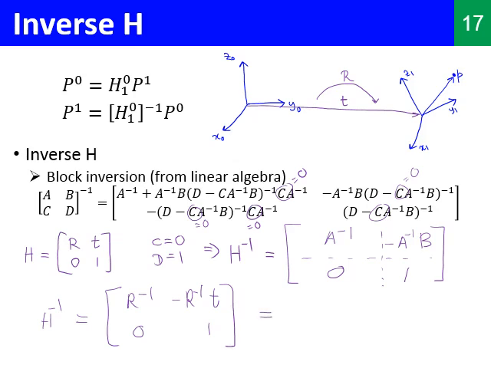So that is our inverse of H, and it also equals R transpose, minus R transpose T, 0 and 1, right? So given an H matrix, or a homogeneous transformation matrix, now you know how to find its inverse. Here we have an equation to find its inverse quickly.